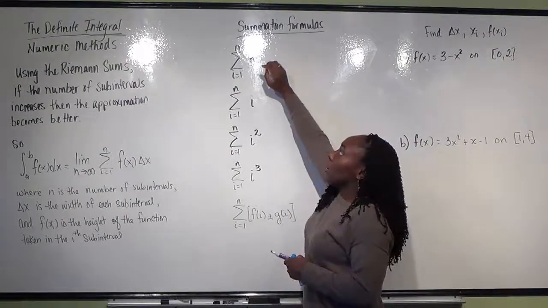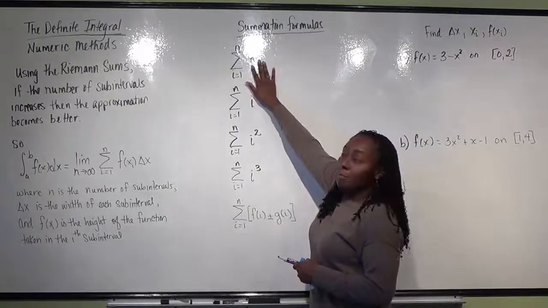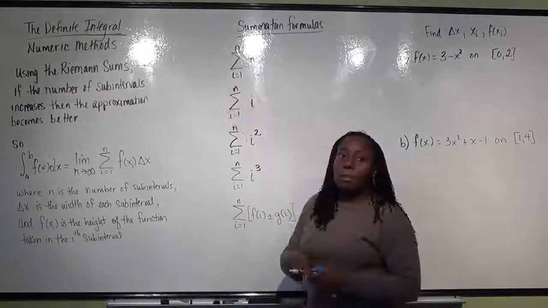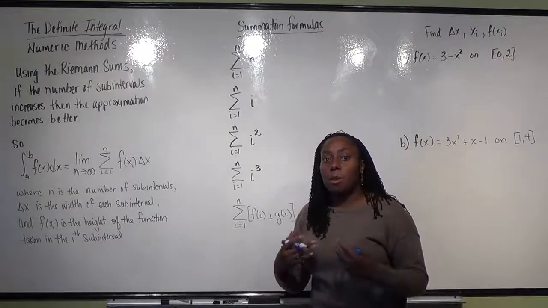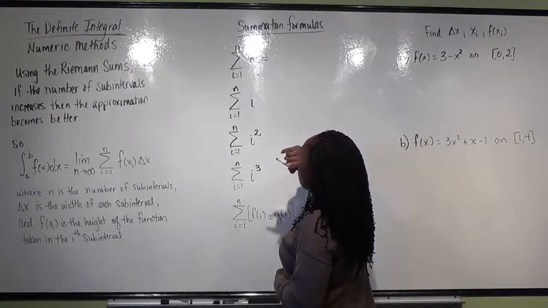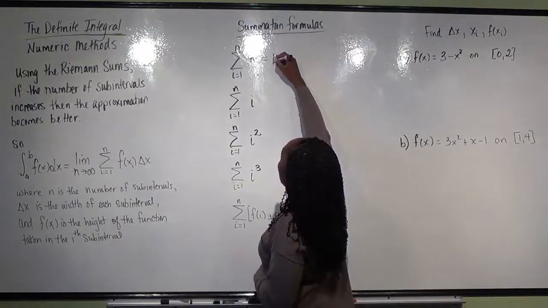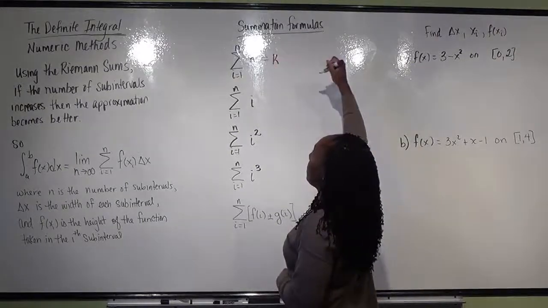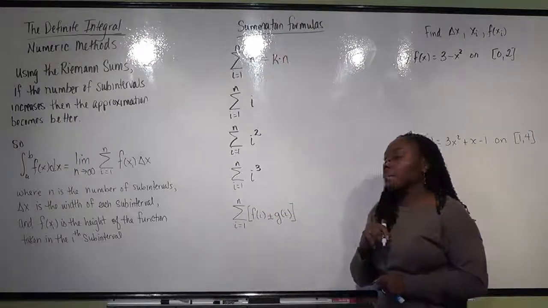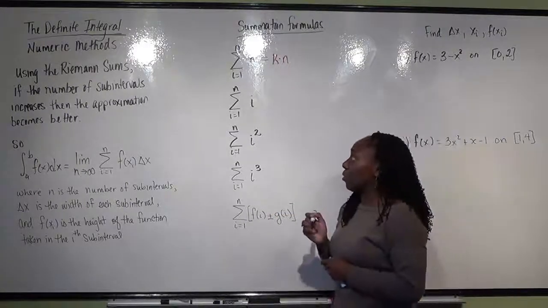And I'm going to sum those all up for whatever the function is. In this case, my function is k. k is just not i, so k is some constant in terms of i. And if I have a constant in terms of i, that just means I'm going to take k and I'm going to add it to itself n times. Okay? So there would be my formula.